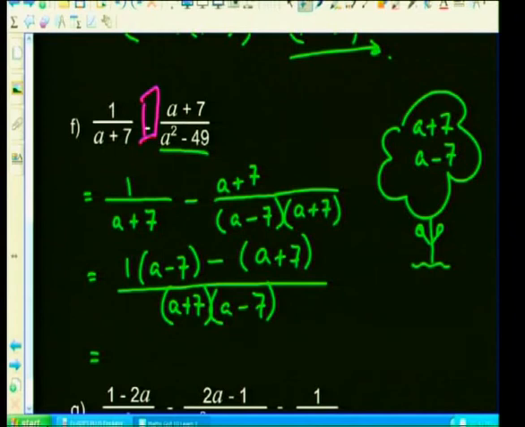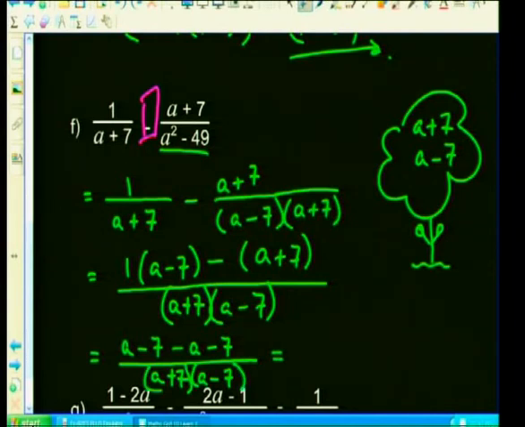All right, so on top, we've got an a minus 7, minus a minus 7, and at the bottom, we've got an a plus 7, a minus 7, and moving across here, we'll have negative 14 over a plus 7, a minus 7. Can anything factorize and disappear? Absolutely not. So that's our final answer.